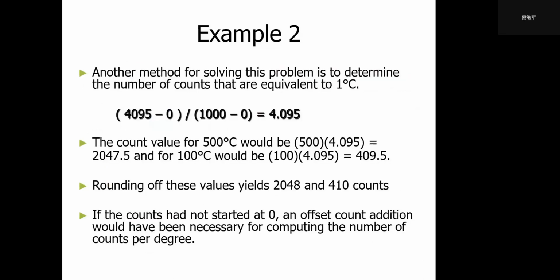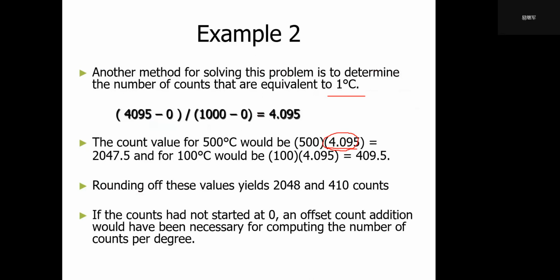Another method for solving this problem is to determine the number of counts that are equivalent to 1 centigrade. The count for 500 centigrade would be 500 times this unit.